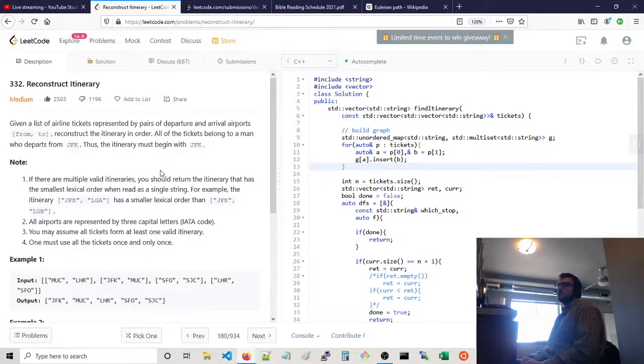Then you can check that against a running tally: initially you don't have any path that you know of, so the first one you see becomes that path, and as you see other paths, you compare them against your best path so far, specifically the lexicographically smallest path you've seen so far.